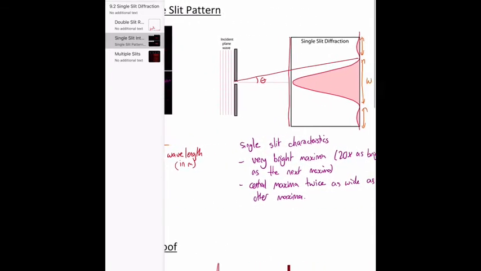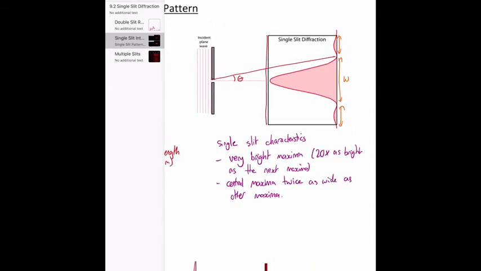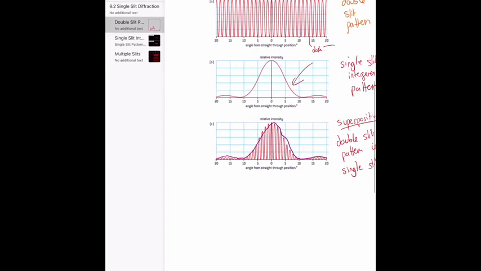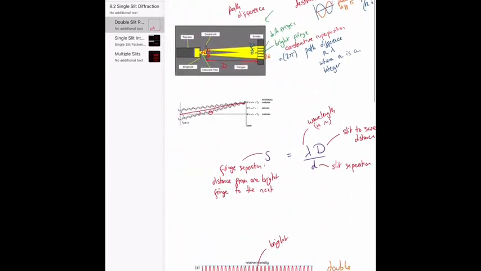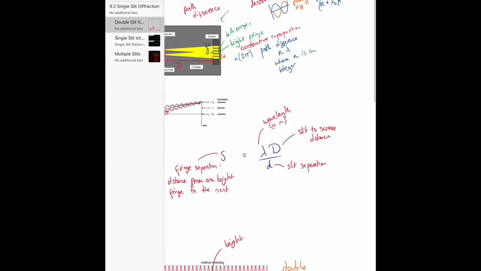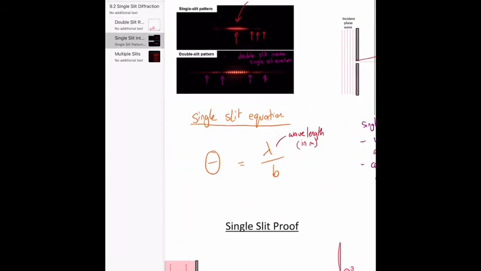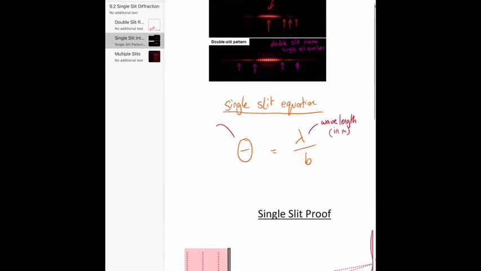So it's ever so slightly different to what we had in our double slit equation, whereas in the previous equation, we were looking at the distance between bright fringes, or in other words, between one maxima and the next. Here, this is different. This is the angle between the centre line and the first minima. So the first dark bit.